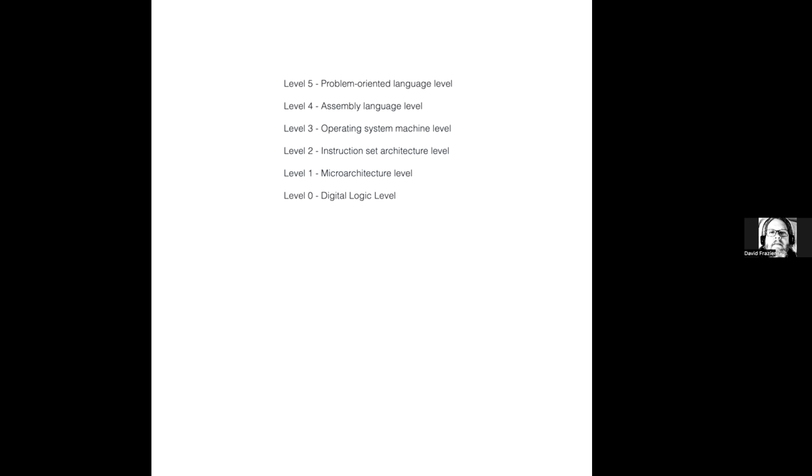That's really where the RISC comes in. There's a direct one-to-one translation, whereas on a CISC system, even at the microarchitecture level, it will probably have many digital logic level commands it will do.